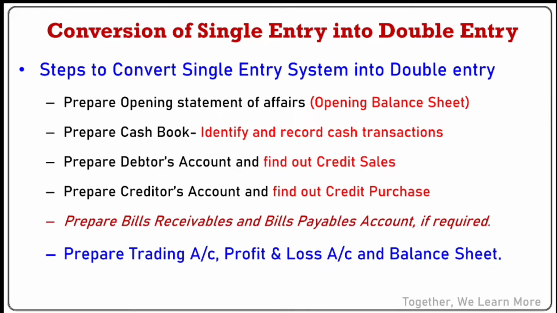After finding out all this information, our main task is to prepare the trading account, profit and loss account and balance sheet. So when we prepare trading, profit and loss and balance sheet, it is simply a conversion of single entry into double entry.